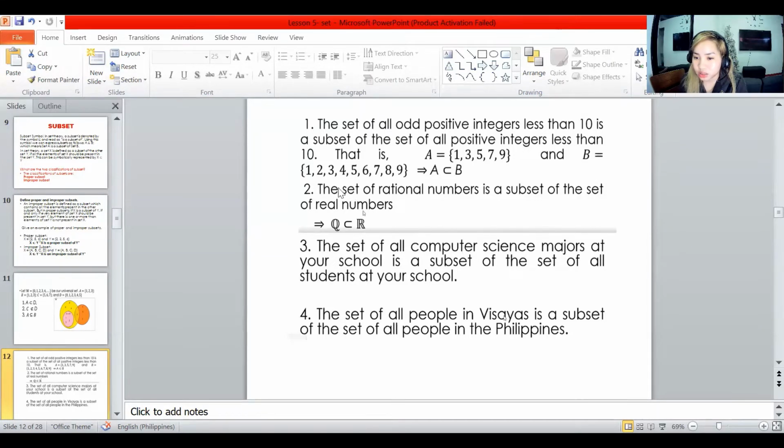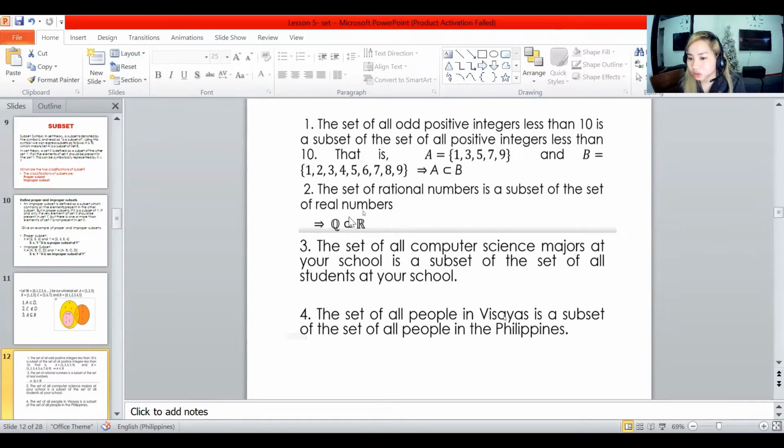Ito naman po, the set of rational numbers is a subset of the set of real numbers. So, di ba sabi natin kanina, ang real number is merong dalawang type. We have rational and irrational number. So, sabi dyan, si rational number daw is nasa loob ni real numbers.